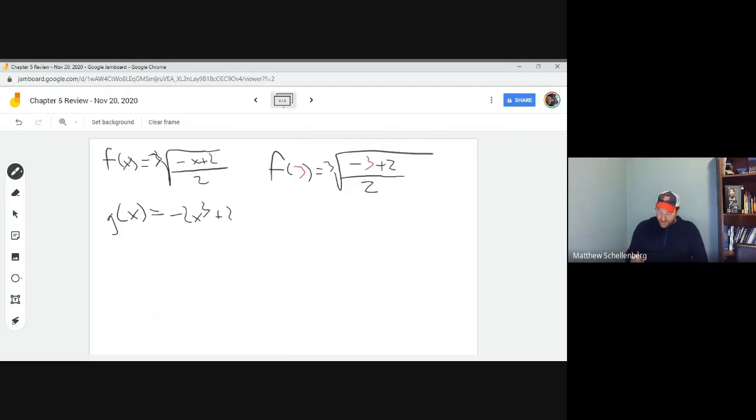And that gives us the cube root of negative 1 over 2.